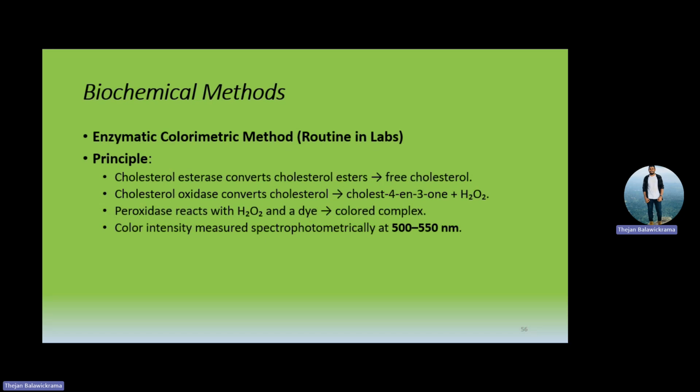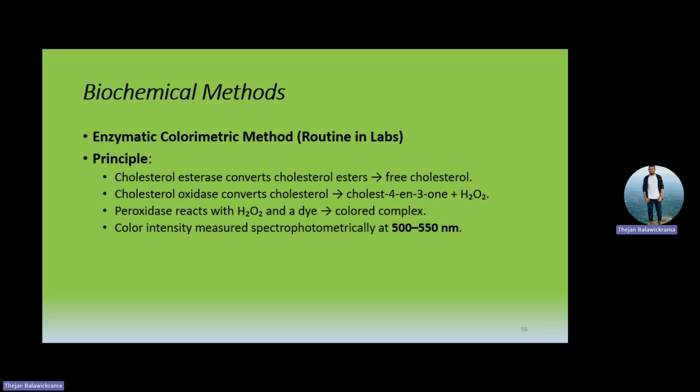What I was talking about was the enzyme cholesterol esterase. It converts cholesterol into free cholesterol. That is step number one, done by the enzyme cholesterol esterase. Then we have free cholesterol. In the second step, cholesterol oxidase converts the cholesterol into cholesterol 3-one and hydrogen peroxide.